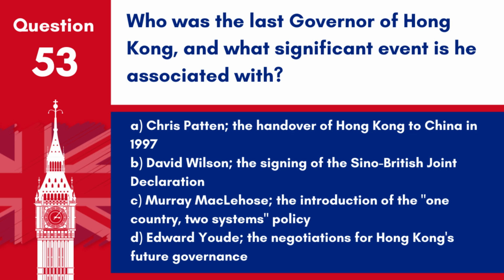D. Edward Youde, the negotiations for Hong Kong's future governance. Answer: A. Chris Patten, the handover of Hong Kong to China in 1997. Chris Patten was the last governor of Hong Kong and is associated with overseeing the handover of Hong Kong from the UK to China in 1997.